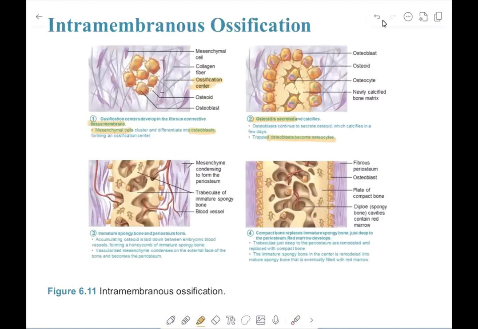The immature bony cell and periosteum form. Then the last step is that compact bone replaces the immature spongy bone. So the trabecula are remodeled and replaced with compact bone. And then finally, there's a plate of compact bone at the end, sort of like a bone collar, which was the opposite of endochondral.